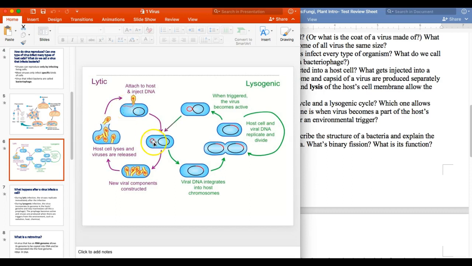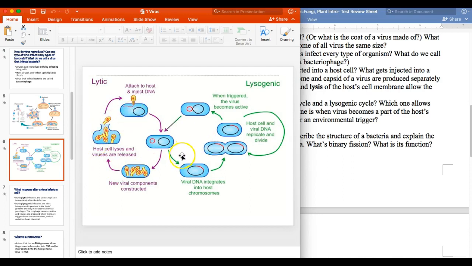What only happens is this piece of viral DNA serves as an instruction to make more viral DNA or RNA, and then produce more of the protein coat, and then you assemble the DNA with the protein coat, and lysis, and viruses are made. So for the lytic cycle, the viruses are produced immediately and released immediately after the injection of the genome.